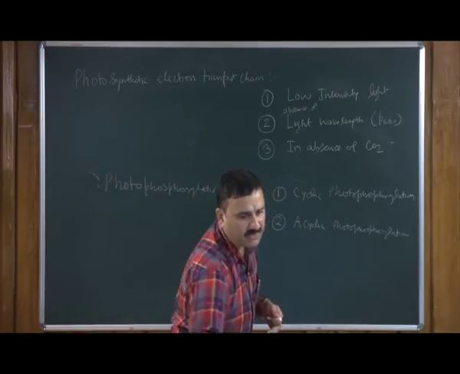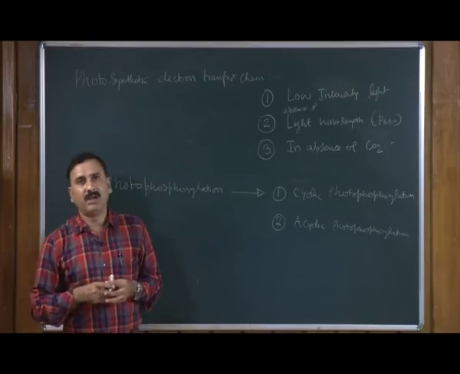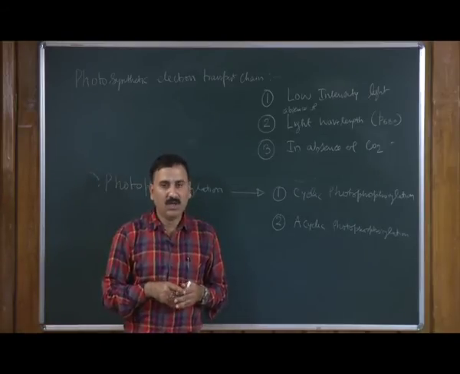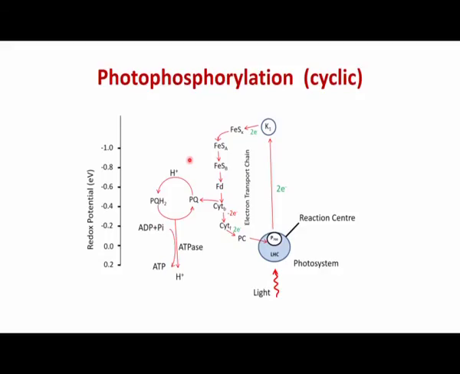So, let us see what different reactions operate within the cyclic photophosphorylation. As you can see on the given PowerPoint slide, the cyclic photophosphorylation happens under specific conditions: the low light intensity, the availability of longer wavelength, meaning the absence of light wavelength lower than P680, and the non availability of CO2.